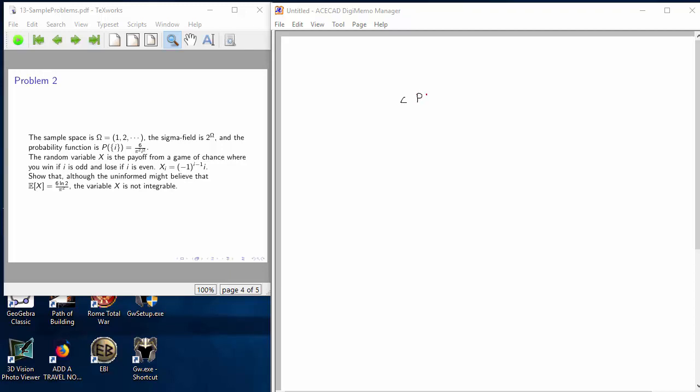P of the value i is 6 over pi squared i squared. So let's sum this from i equals 1 to infinity.